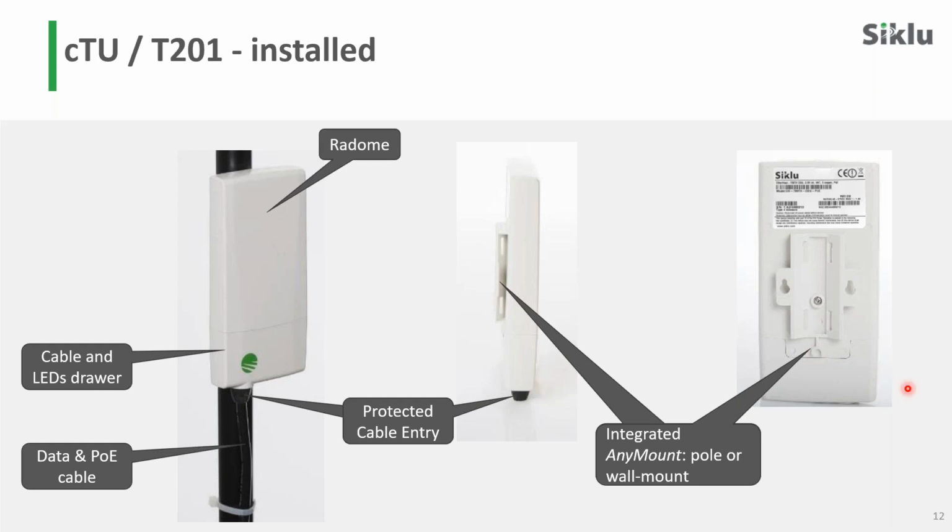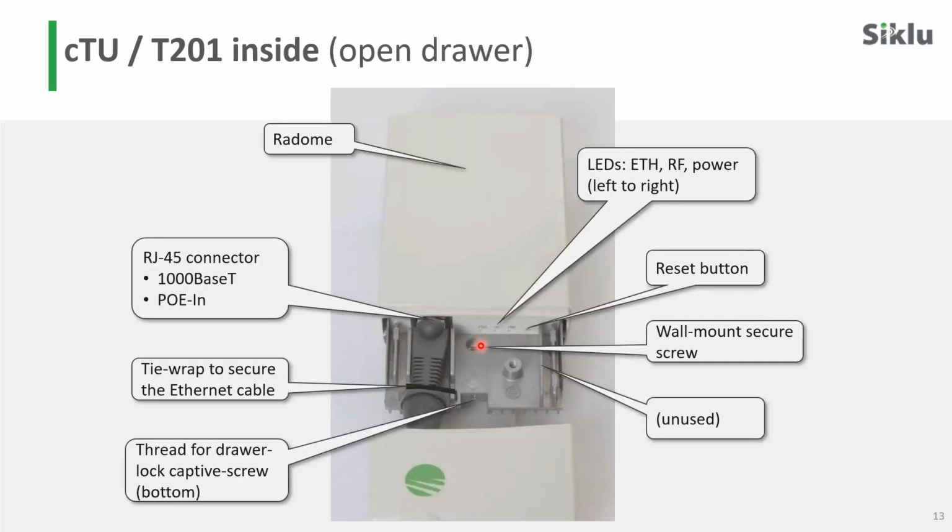You screw in the 2 screws and slide the cTU down into the first 2 screws, and then when the drawer is open during installation, you screw in the 3rd screw via this hole, which will lock down the cTU firmly in place, not wobbling or anything else. So very simple wall mount installation.